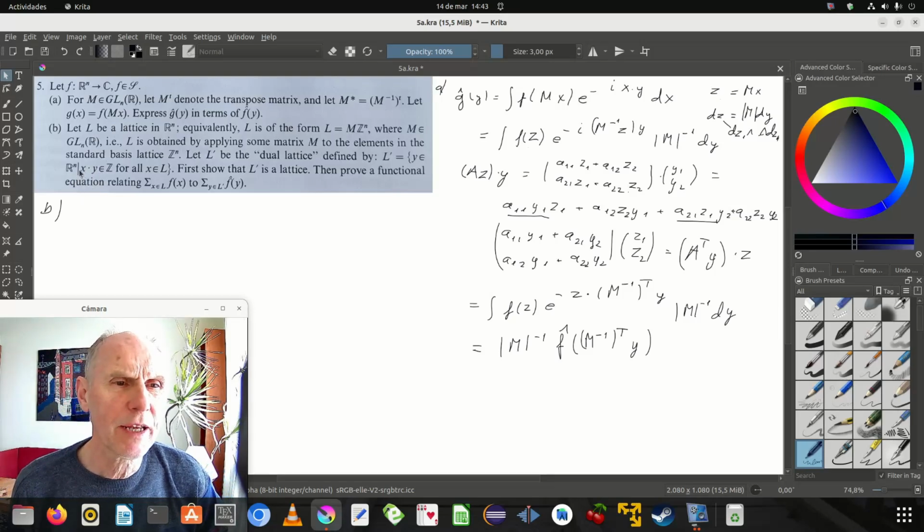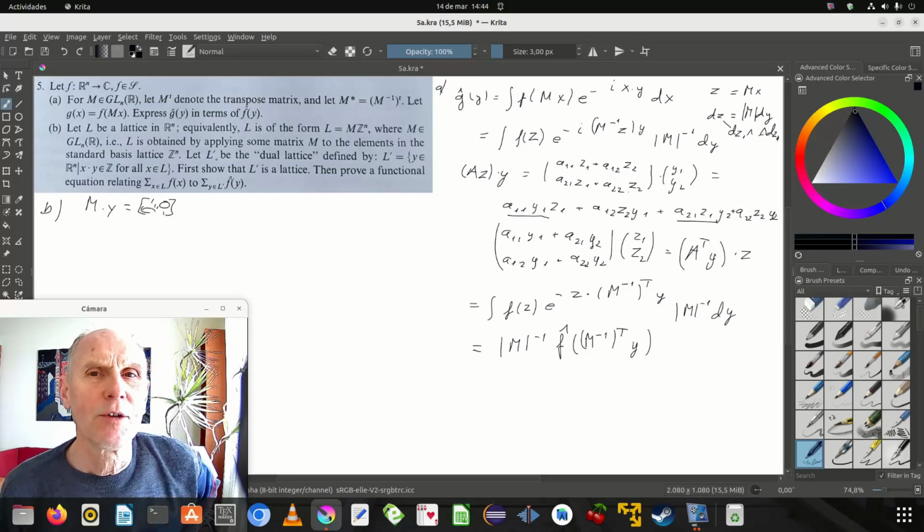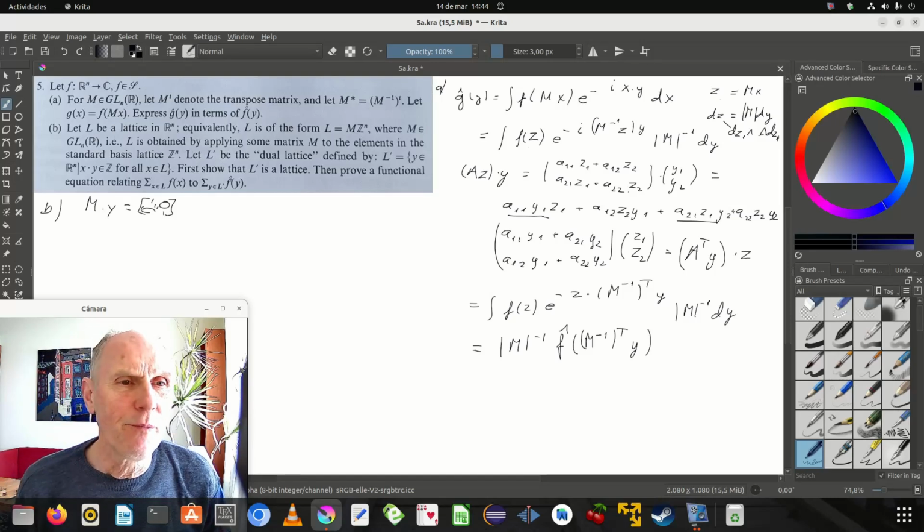So it's just by applying M here and then finding the different. So the solution to M dot y equals the unit matrix form the dual basis, or the basis of the dual lattice. I'll call it a dual basis.